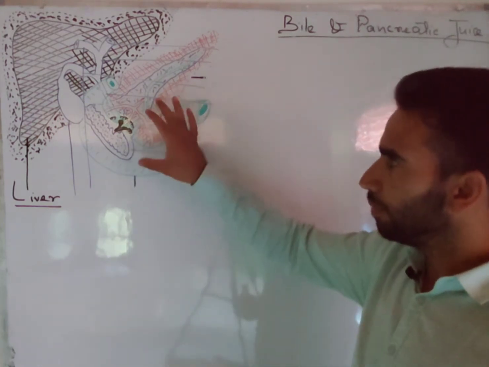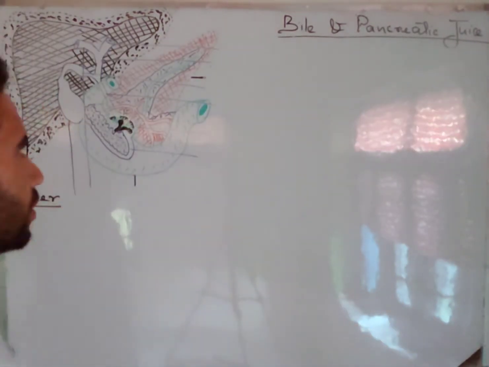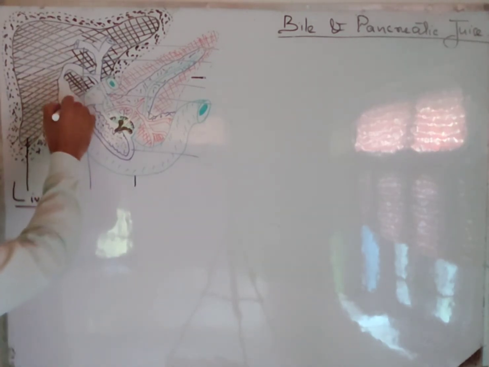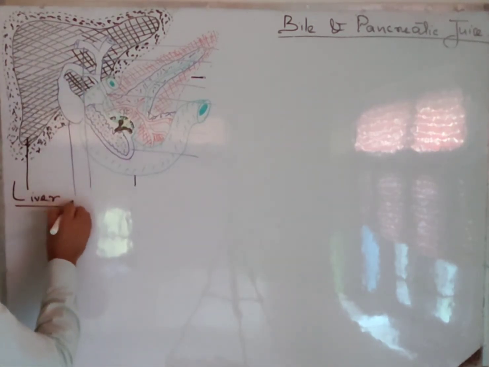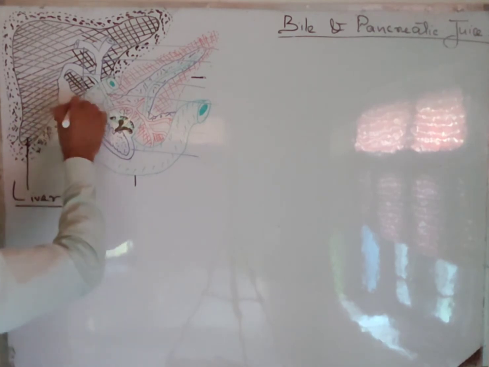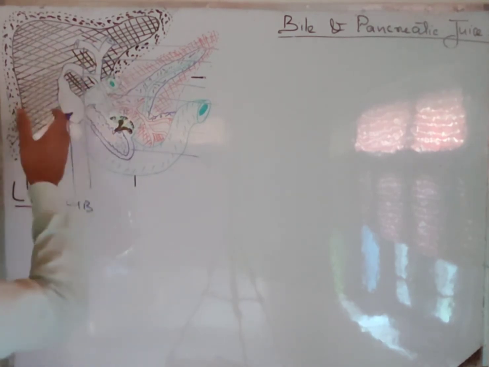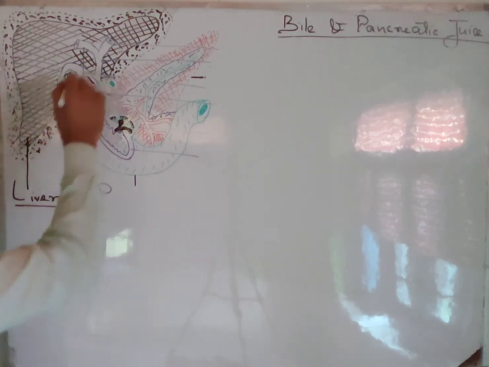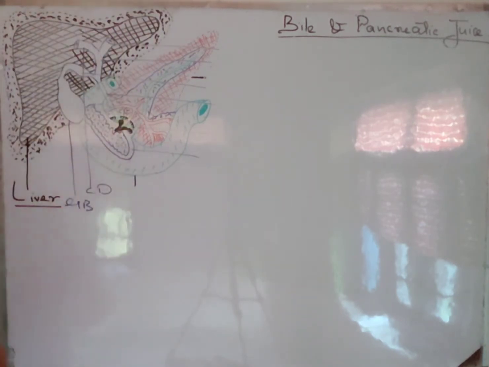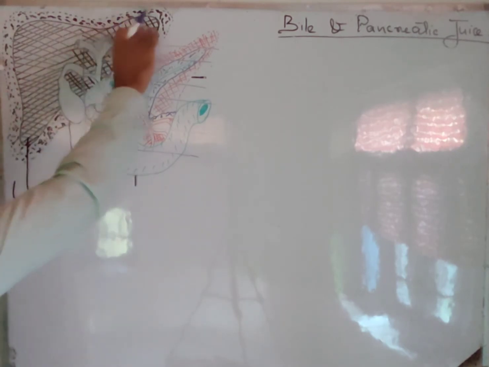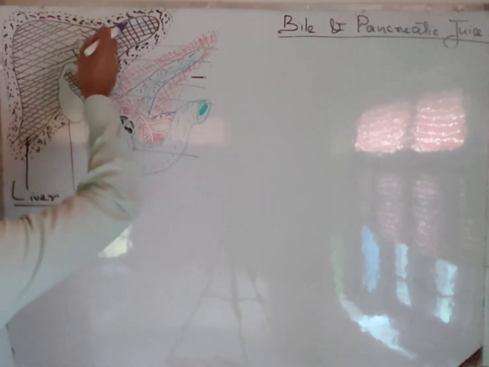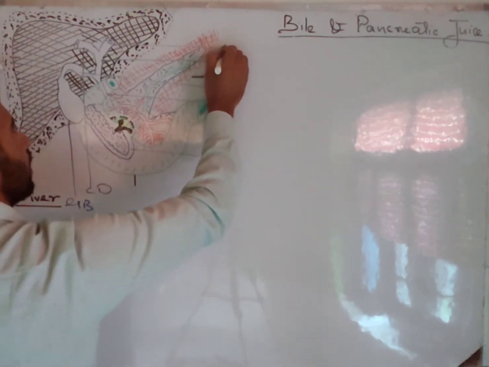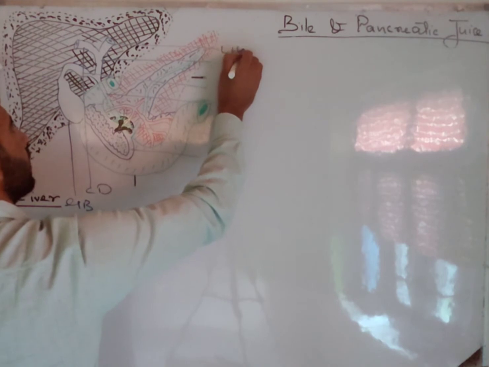So now let us have a look at this very simple diagram. Here it is our liver, and this bag-like structure is our gallbladder, you already know it. The duct which is draining your gallbladder is known as the cystic duct. From the upper left side of your liver, there is a duct draining the bile from that side, known as the left hepatic duct.